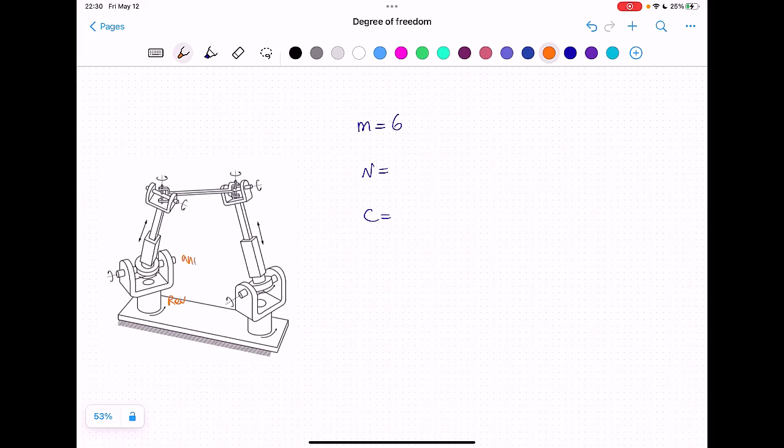So we have a universal joint, and in here we have a prismatic joint, and in here again we have a universal.